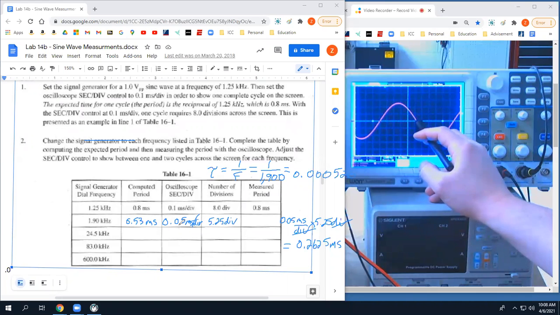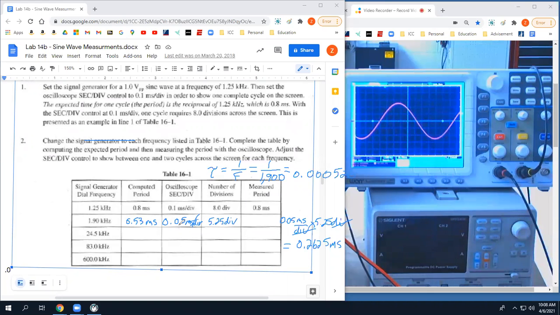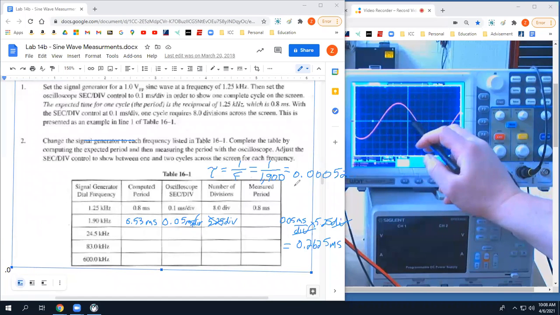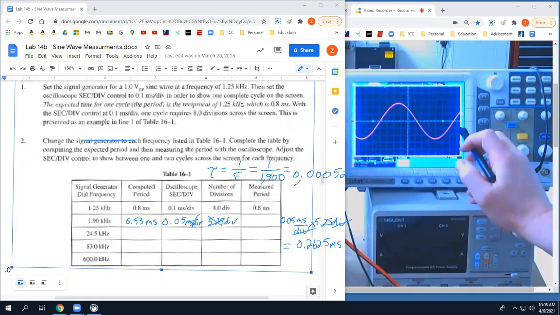Oh, I only counted half of my cycle. Why didn't anybody catch me do that? So this is wrong. I counted half. Everybody see what I did wrong? I counted the top part. I didn't count the whole cycle.